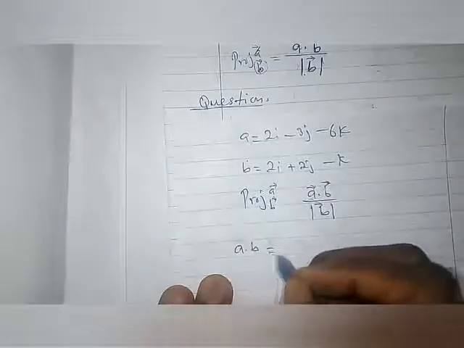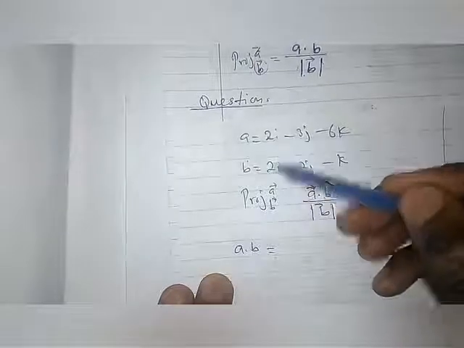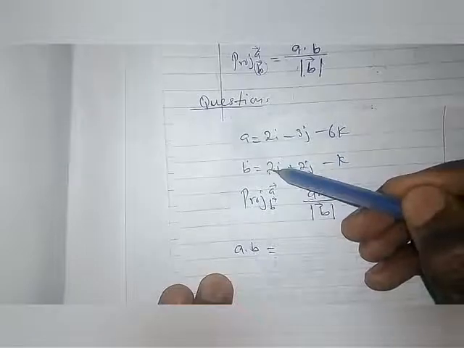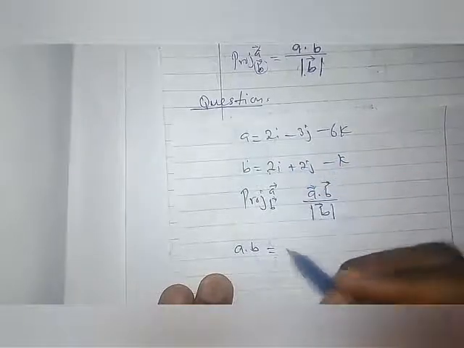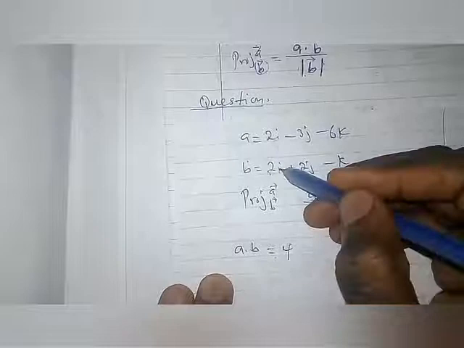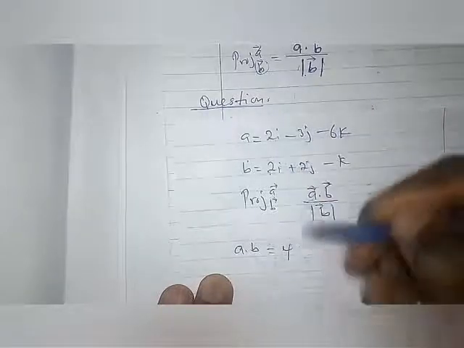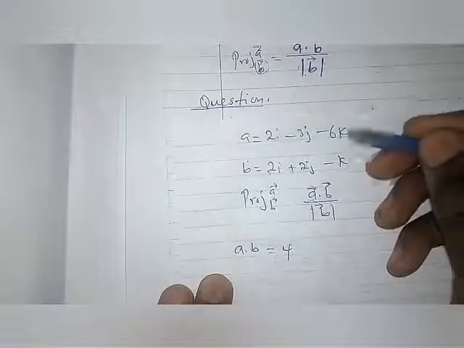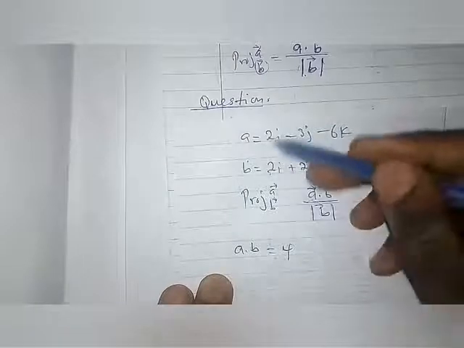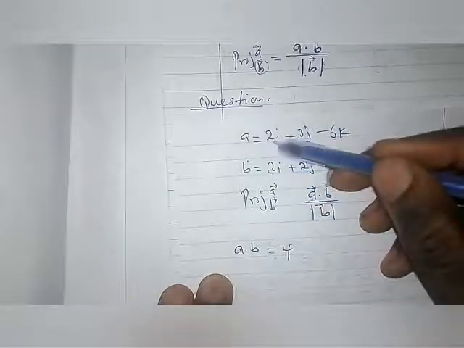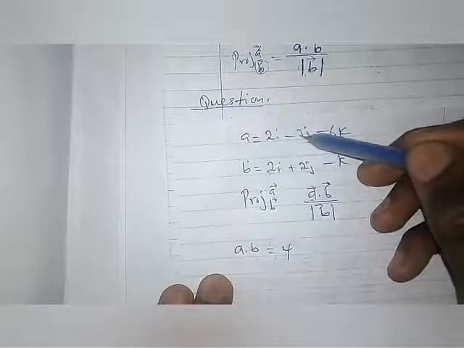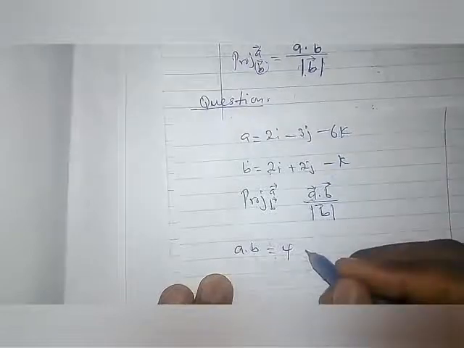The scalar product is 2i multiplied by 2i, which gives 4. I multiplied by I is 1, so we don't need to bring it. J multiplied by J is also 1. K multiplied by K is also 1. So just multiply the coefficients.